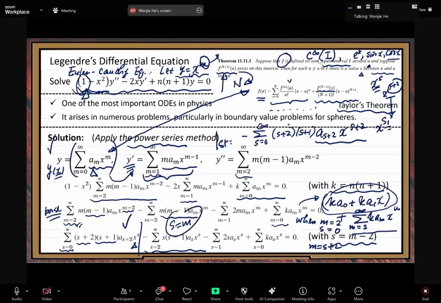That's why it's very confusing, because in the textbook it says s equals m minus 2 for the first summation. For the second summation, our s is different. So we're allowed to do that. For each summation, we can use a different substitution.